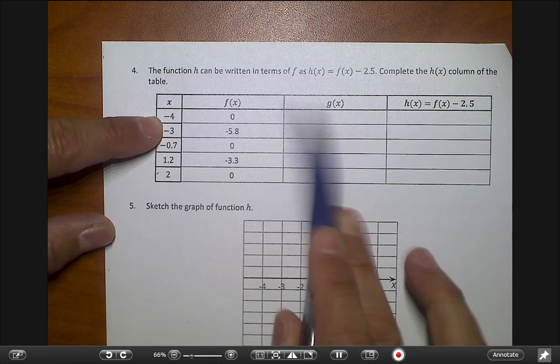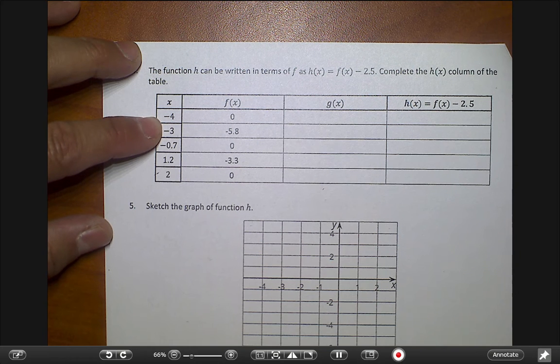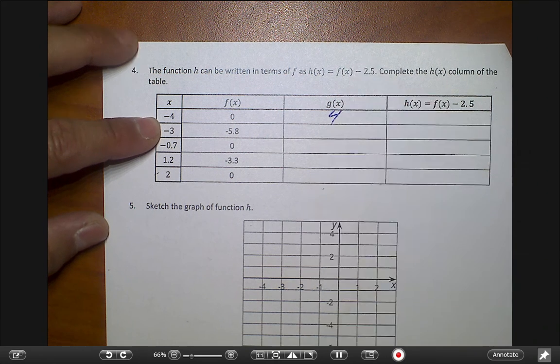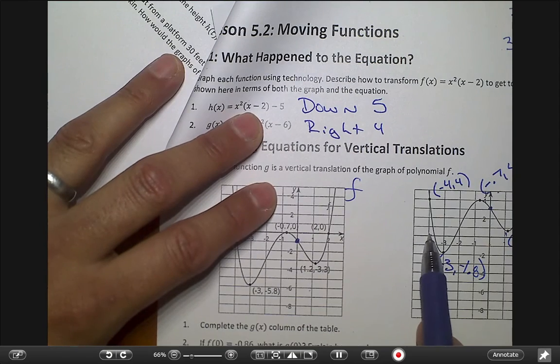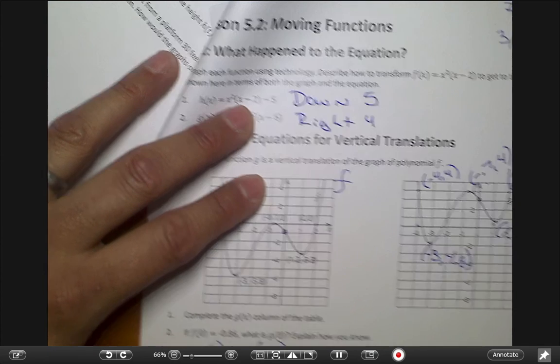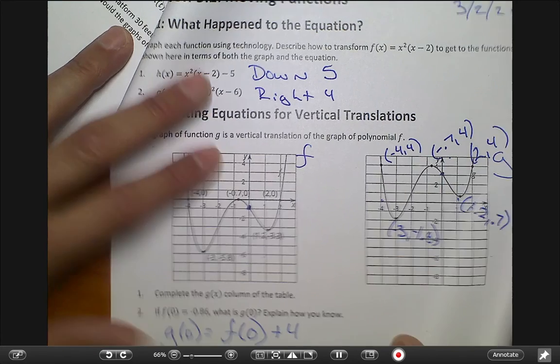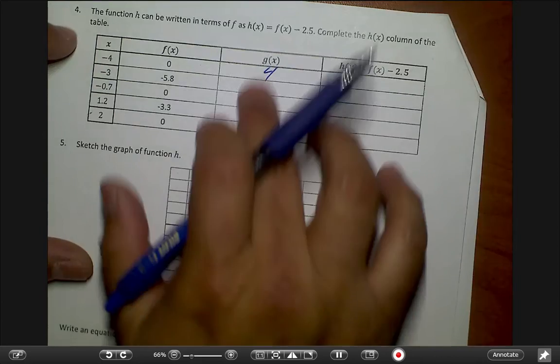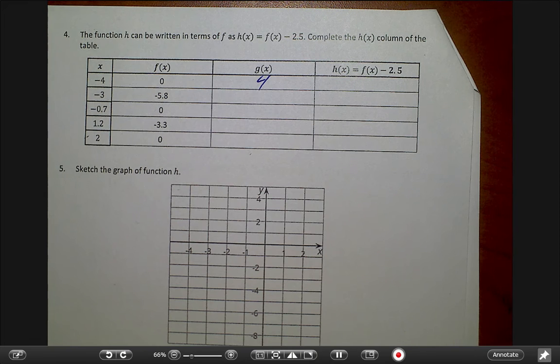When x is negative 4, g of x was what? 4. It was 4, right? Yes. So let me show you. When x is negative 4, the y value was positive 4, right? So fill in the rest of this right here, please, from what we just did with our points.